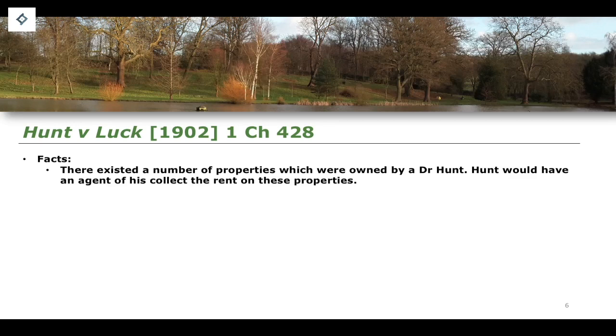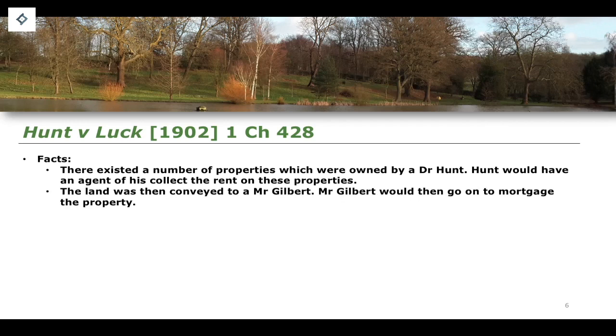Dr. Hunt would have an agent of his to collect the rent on these properties. The land was then conveyanced to a Mr. Gilbert. Mr. Gilbert would then go on to mortgage said property.